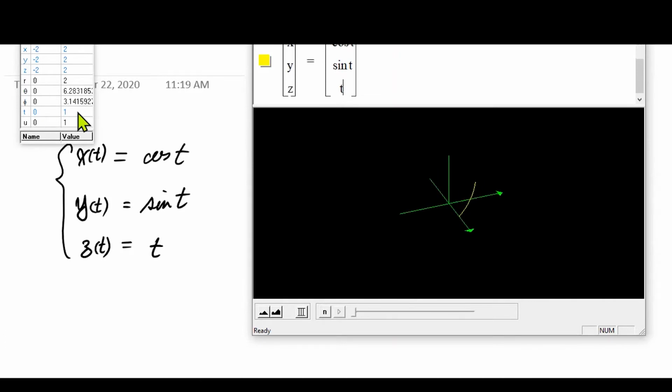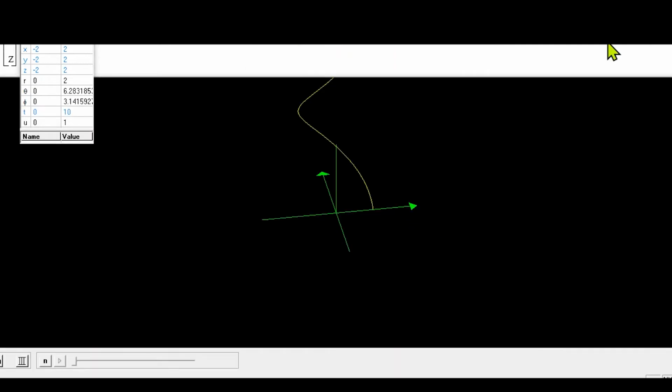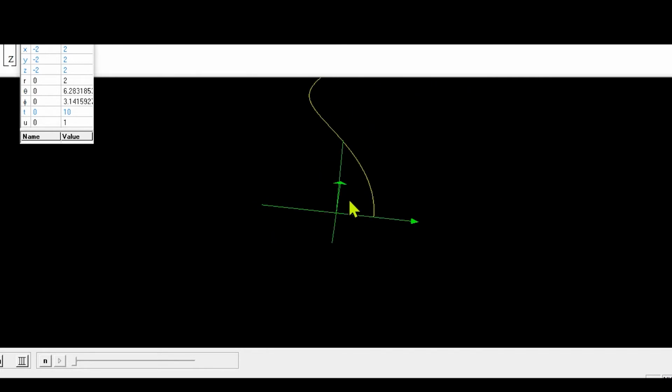I need to change the t from 0 to 10, let's say. You see it? Stairway to heaven. Spiral that's going upward. You know what I'm saying? Do you feel it? So basically there's a cylinder, and then you're kind of having a cylindrical stairway thing as you go up. Do you see that motion?